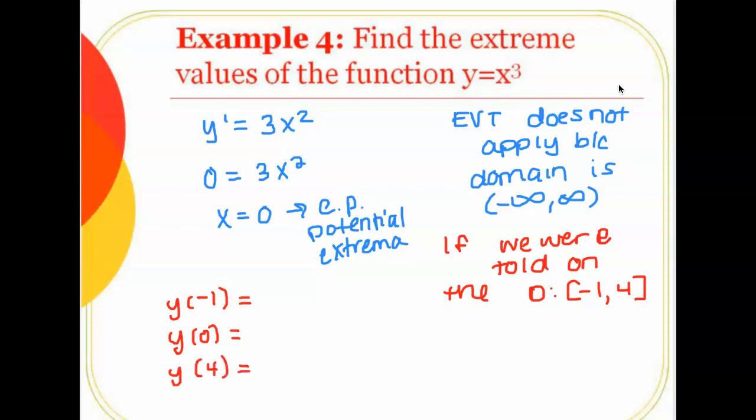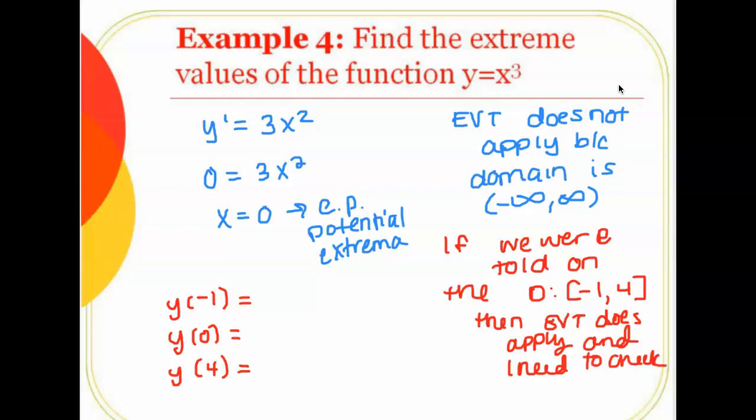So if you are given something that does apply to EVT, so if I were told the domain was -1 to 4, then EVT does apply. And I need to check the CPs and endpoints. So the CPs and the EPs.